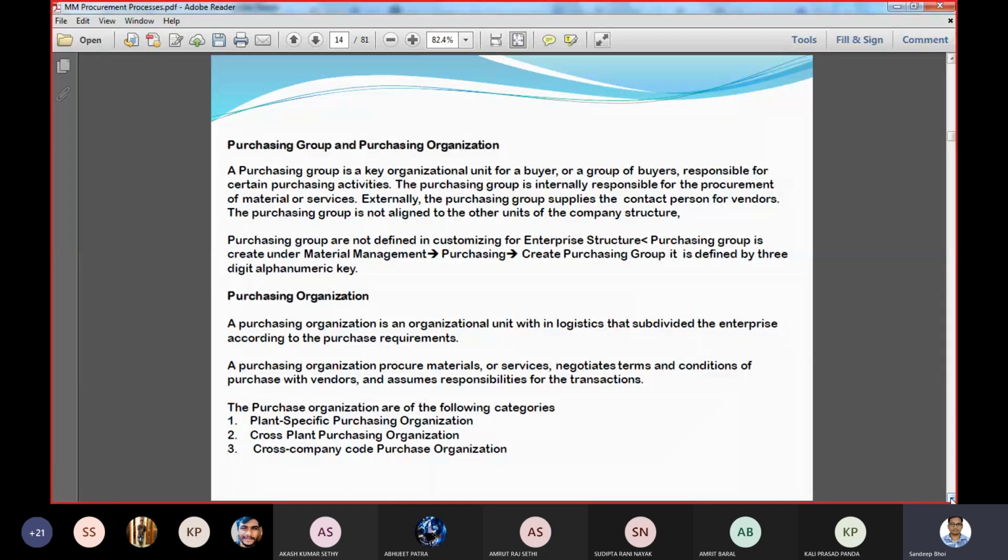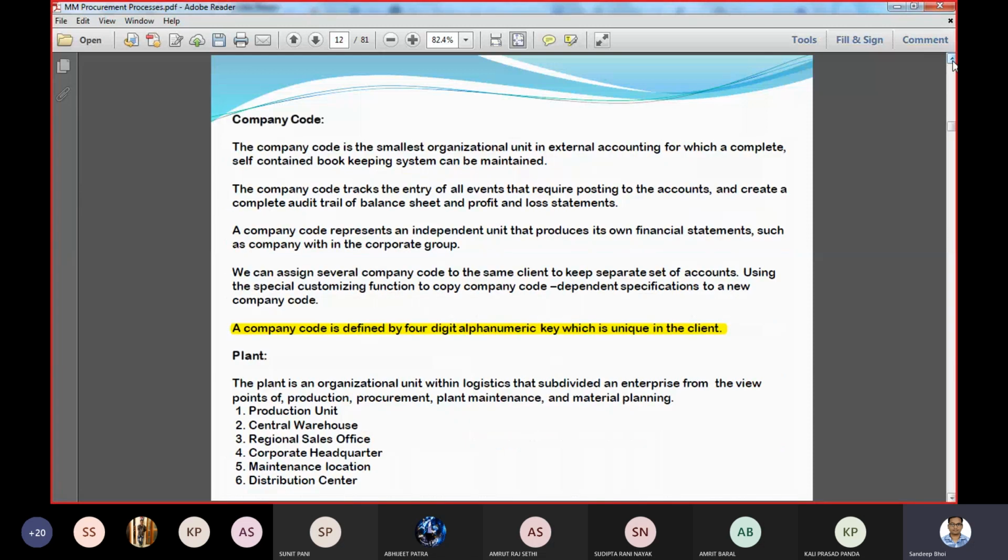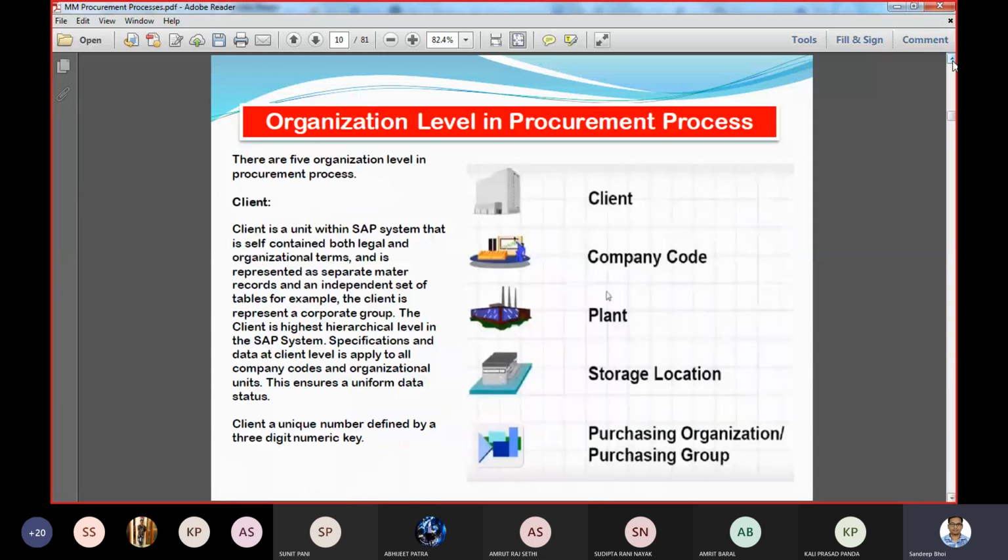Sir, I had a doubt about the purchasing group. Sir, this purchasing organization can vary at every level, right? On the plant level, and at every level it will vary, from plant to company?